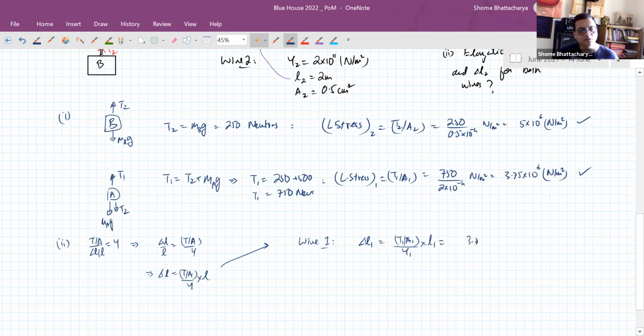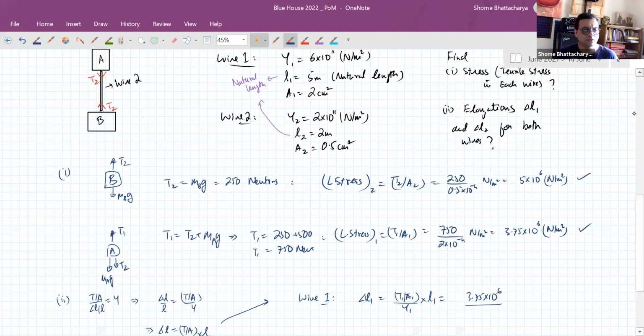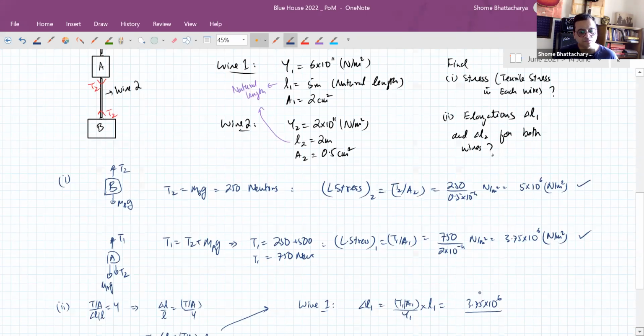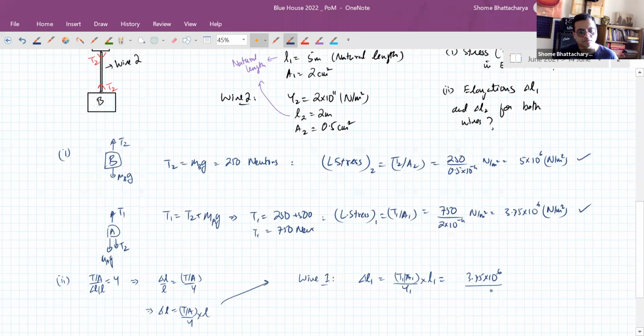So 3.75 into 10 raised to 6 divided by the Young's modulus, which I think was 6 into 10 raised to 11. And the natural length was 5 meters. So 3.75 into 5 by 6 into 10 raised to minus 5 in meters.